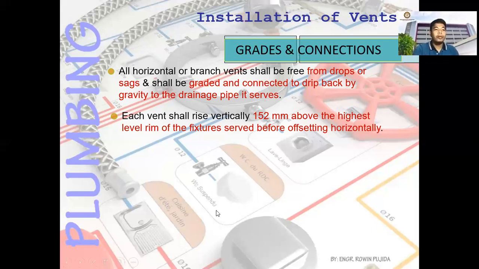For example, from your lavatory, you measure at least 152 millimeters, or 6 inches, above, and at that measurement you can now offset to horizontal for your venting system. Okay, that is for the connection.